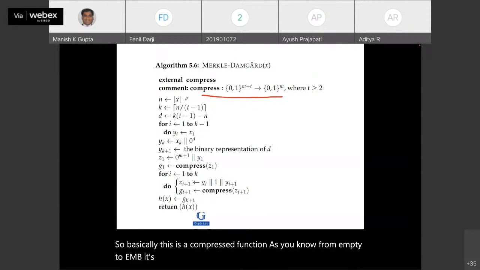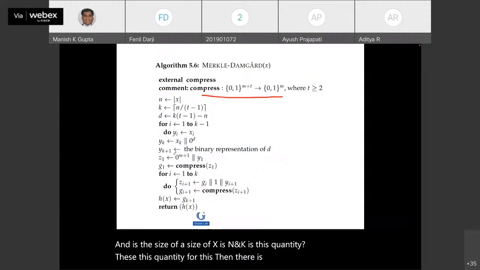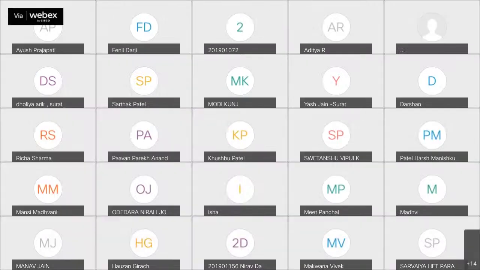The size of x is n, and k and d are these quantities. Then there is a for loop, and we are padding yk. So what is happening if we denote y(x) as y1 concatenation y2 concatenation up to yk.